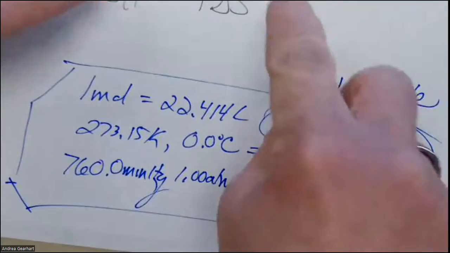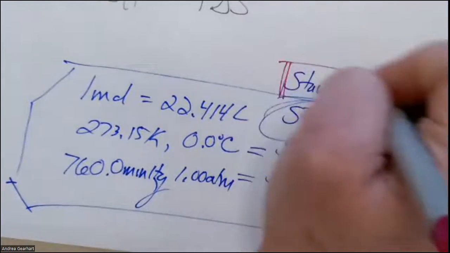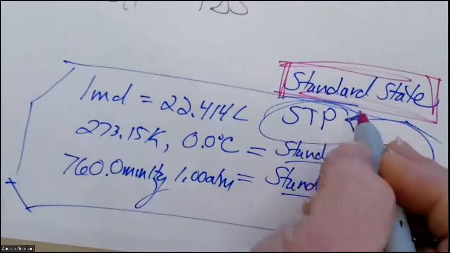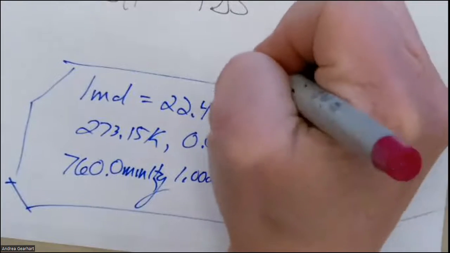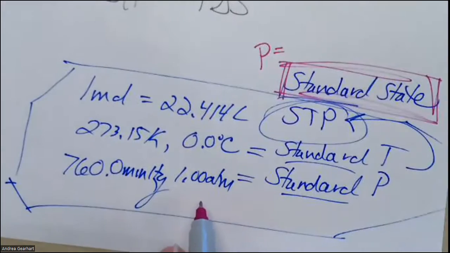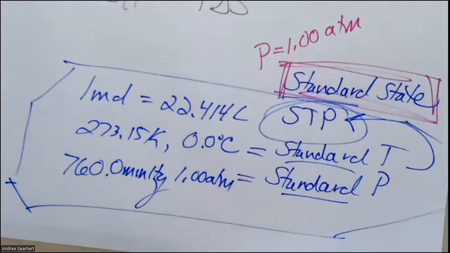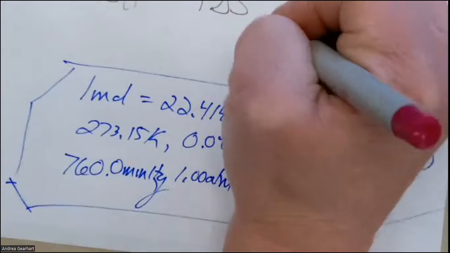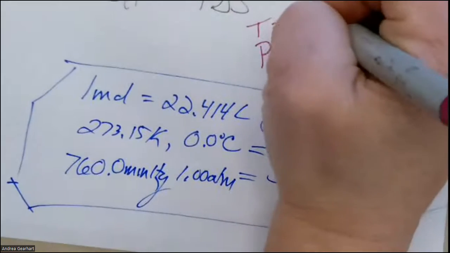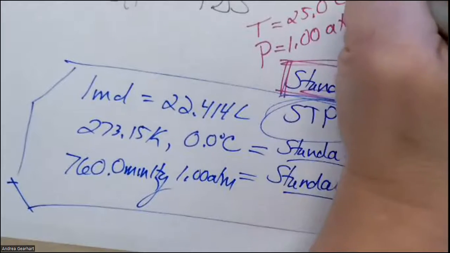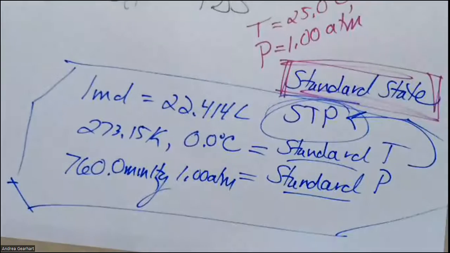So then what is that floating 0? That means standard state. Chemists, you need to do a better job, because at standard state, pressure is the same as standard pressure, 1 atm or 760 millimeters of mercury, but temperature is room temperature, 25 Celsius or 298.15 Kelvin.